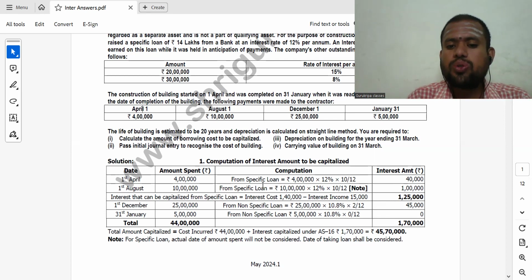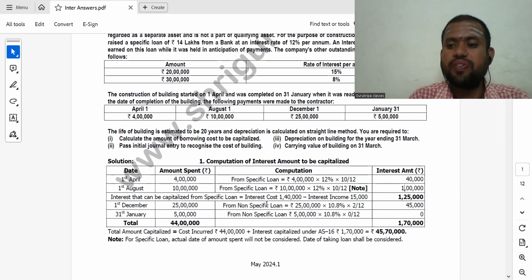So this 4 lakh you spent from specific loan, balance 10 lakh is also from specific loan. So entirely 10-month interest I am calculating for that. Totally I am getting 1 lakh 40. From this, I should reduce interest income received. It should not be credited to P&L account. Then capitalization rate should be computed for these two general borrowings.